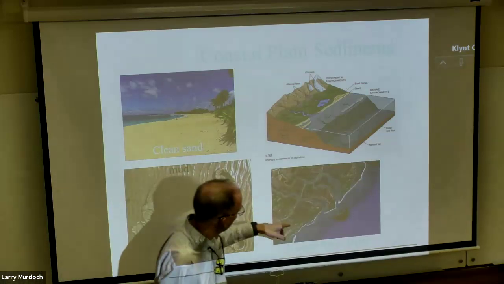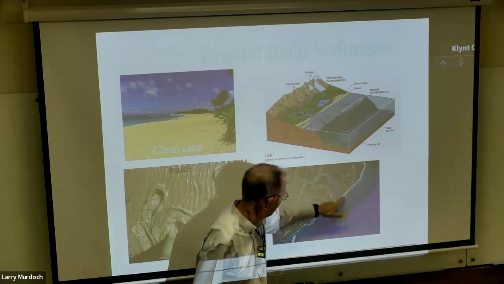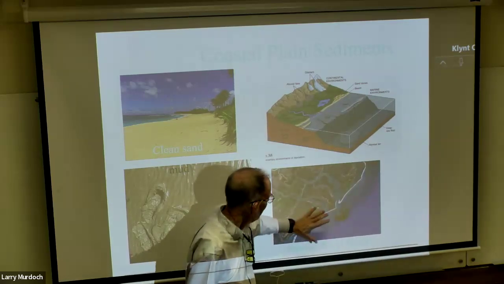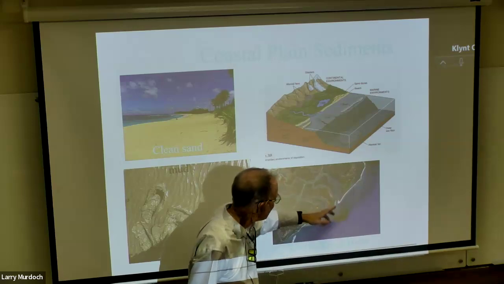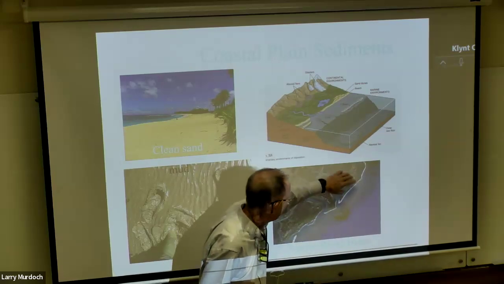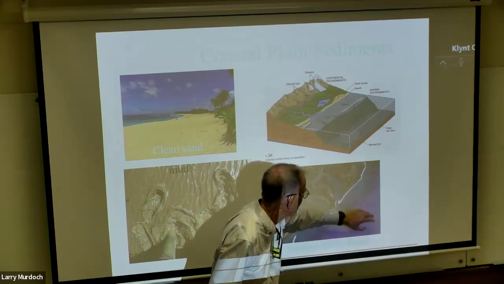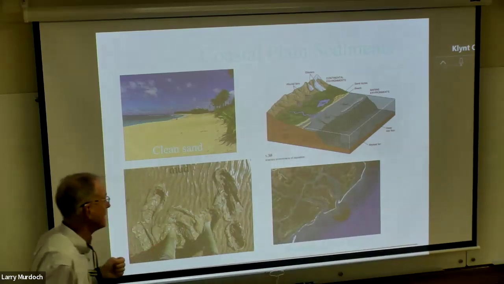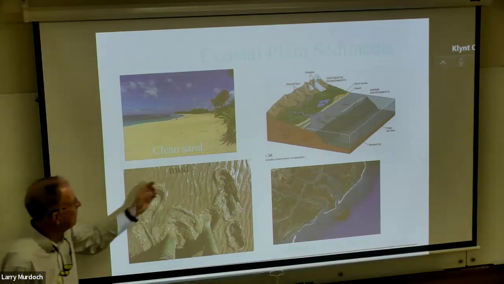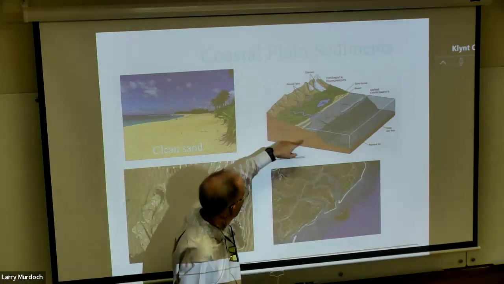So you can see this white streak, that's the beach, where clean sands formed, and then back here in the back bays, and also offshore, we have finer grained sediment. Here's a bit of a perspective.